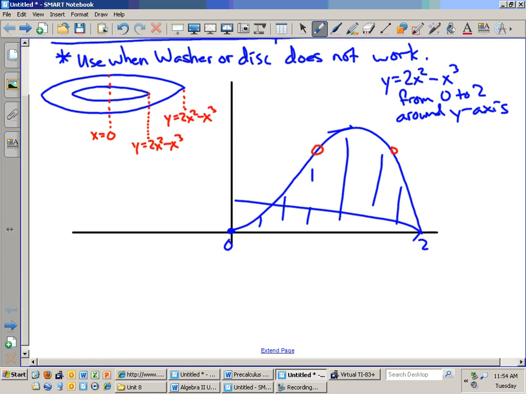Okay? So we have two problems here. First of all, I want you to notice the first problem: the inside radius and the outside radius are the same. The second piece that I want you to understand is this. If you're going to revolve this around the y-axis, what do you have to solve for, x or y? You have to solve for x.